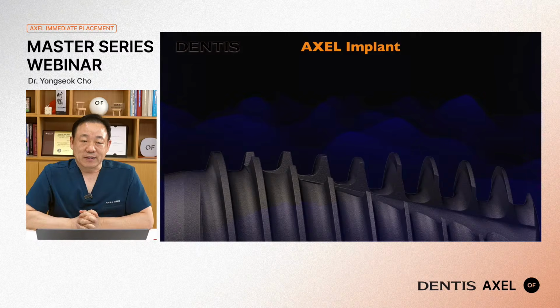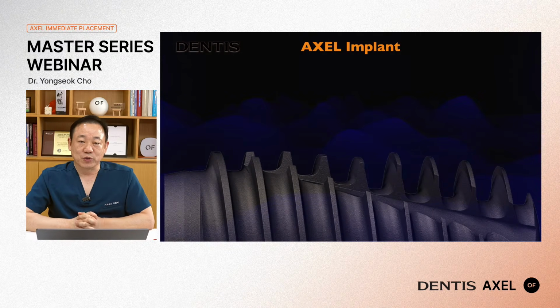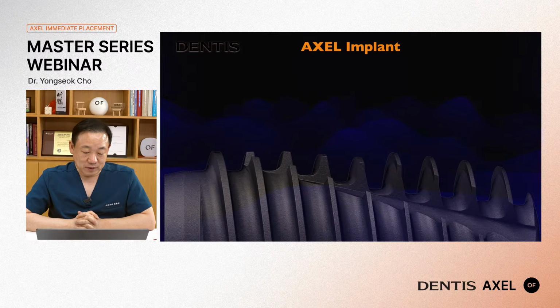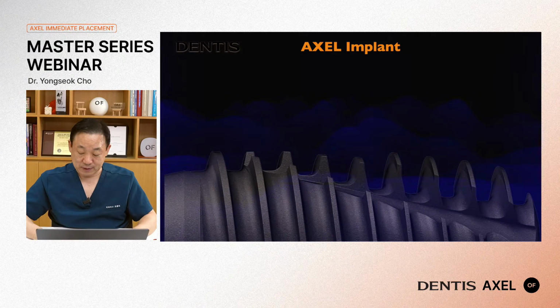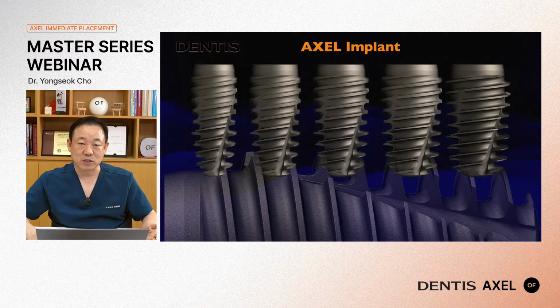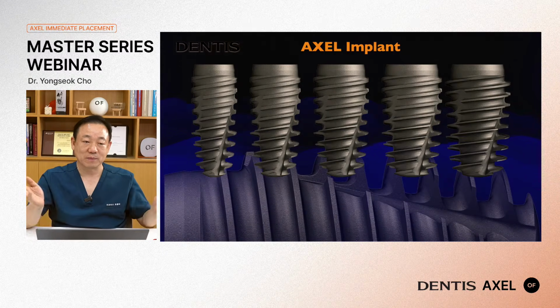Today, in my cases, I will show you Dentist XL implant. This is recently introduced in the market, and this is an image of the XL implant. It is an 11-degree universal connection, internal connection, and it's a tapered design with a deep thread.